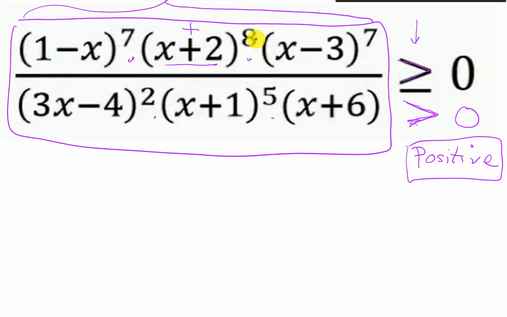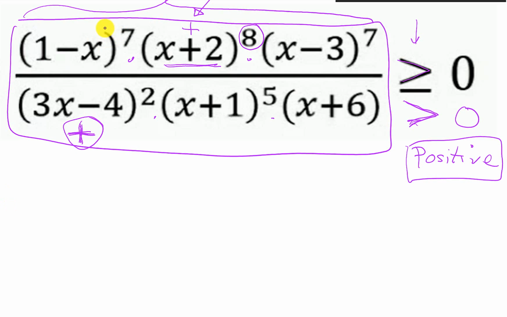When this is not 0, the even powers of non-zero expressions or numbers are positive. So in this case it is always positive, because 0 is not the case that we are studying now. This one, the same. And more important, it cannot be 0 because this is a divisor. Then it is positive, or greater than 0.